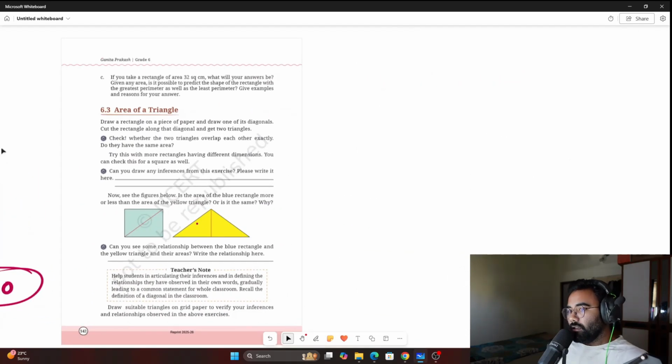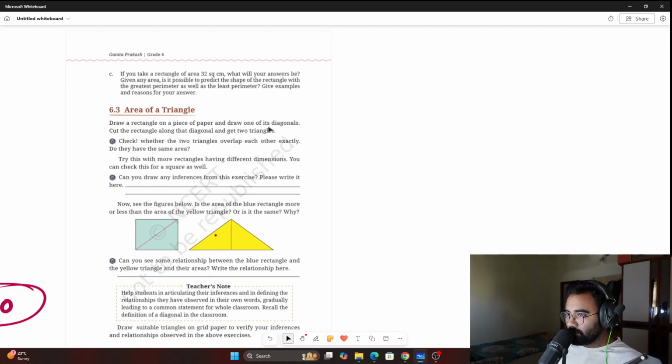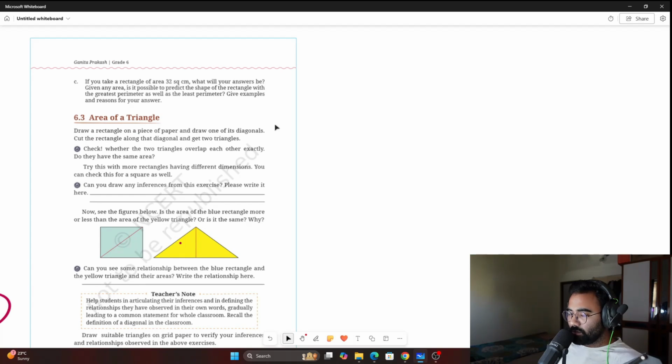If you take a rectangle of area 32 centimeter square, what will your answers be? Given any area, is it possible to predict the shape of the rectangle with the greatest perimeter as well as the least perimeter? Give examples and reasons for your answer. So let us address this question first.